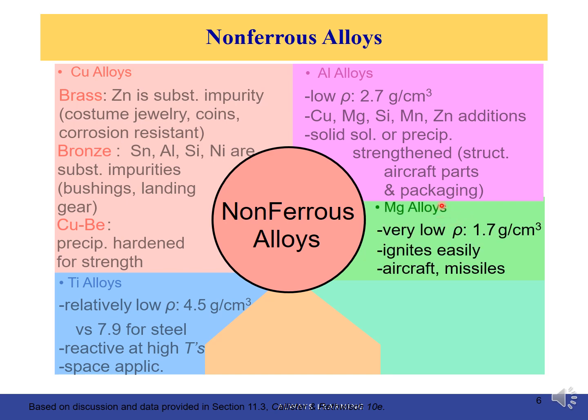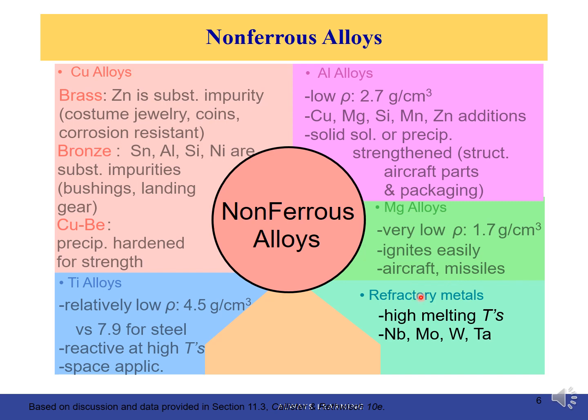Magnesium alloys again have very low density, and are used in aircraft and missiles. Refractory metals have very high melting temperatures and can be used in high temperature applications. And noble metals are oxidation and corrosion resistant.